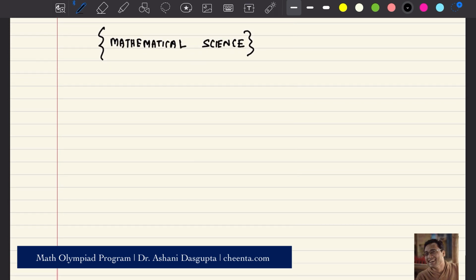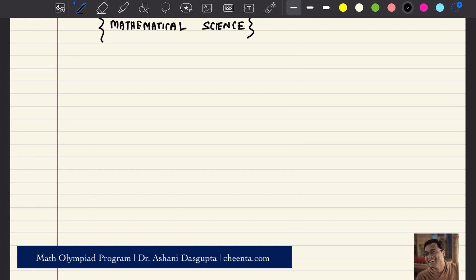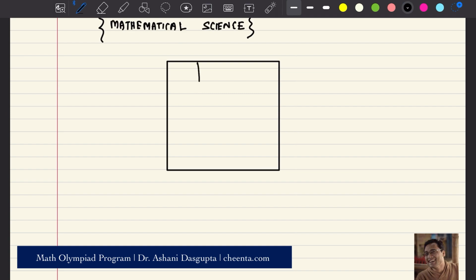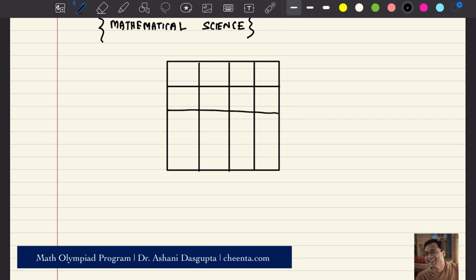So what is this problem about? Suppose you have a rectangle. In fact, it's a grid like a chessboard. Okay? So there are 4 columns and there are, let's say, 4 rows.